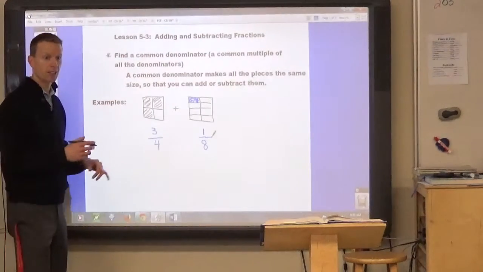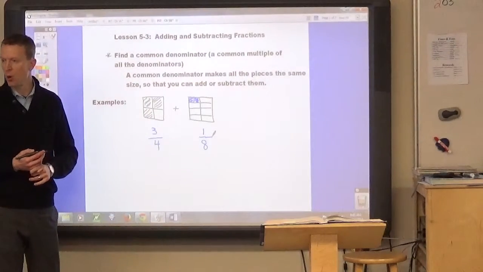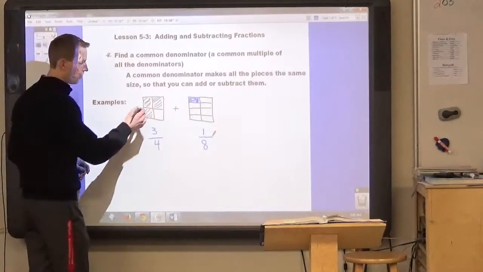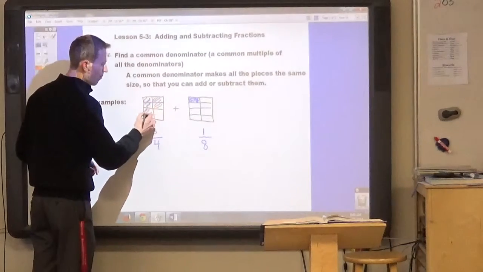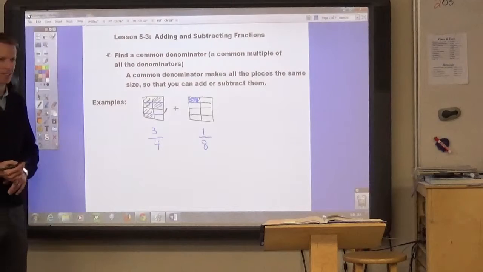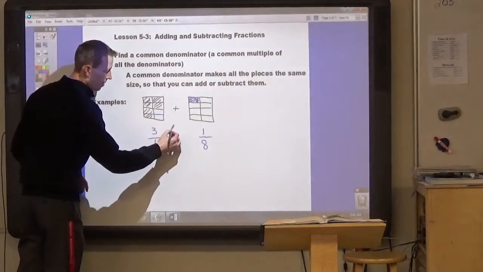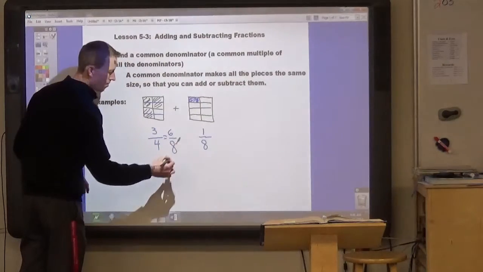We'd have to cut this into 8ths in order to be able to know exactly how much we have. If we cut this into 8ths, how many 8ths do we have? Joey? 6. Yeah. That equals 6/8.